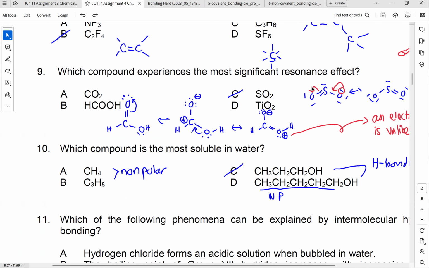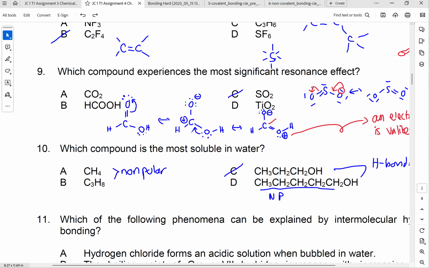Whereas HCOOH, if it resonates, it's slightly possible because it does have the lone pair on the O and also the double bond, right? If the double bond, the pi bond, goes to O, like in this structure, then the C now becomes positive, and this lone pair on the O will go and make a double bond with the C to make C neutral.